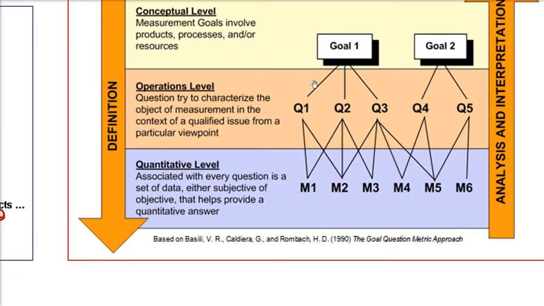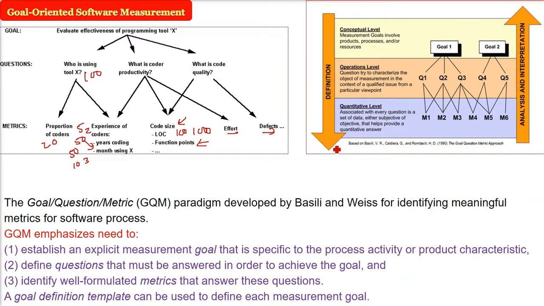These are metrics, so these are at the quantitative level. They are associated with every question. This is a set of data, either subjective or objective, that helps us give a quantitative number. So this is GQM, or Goal Question Metric.